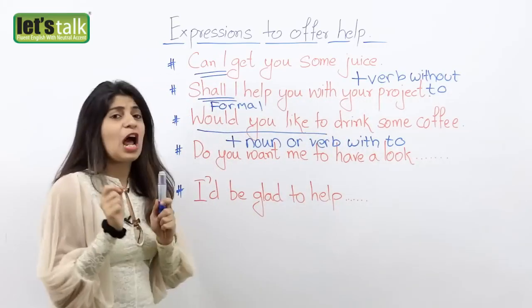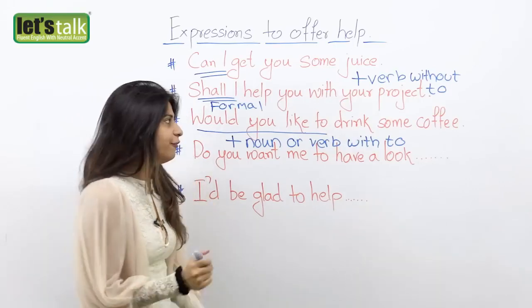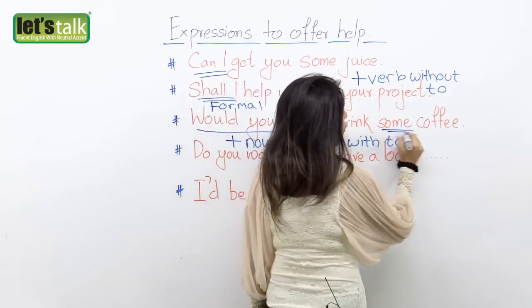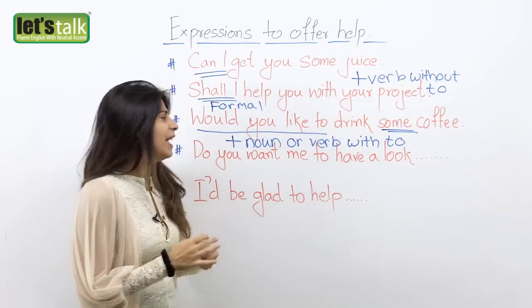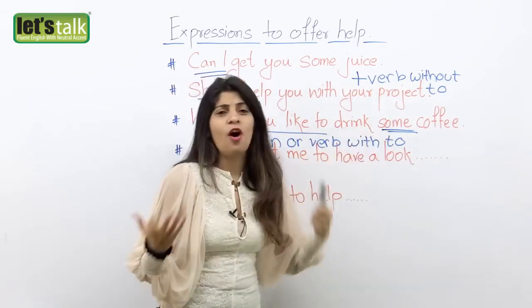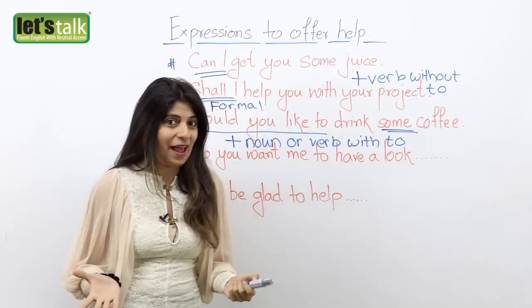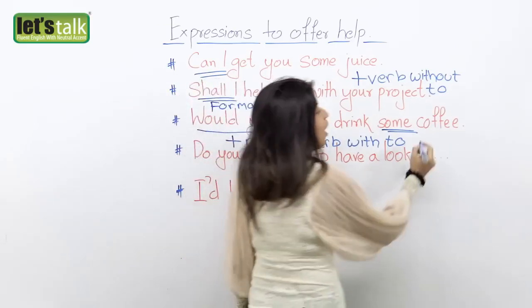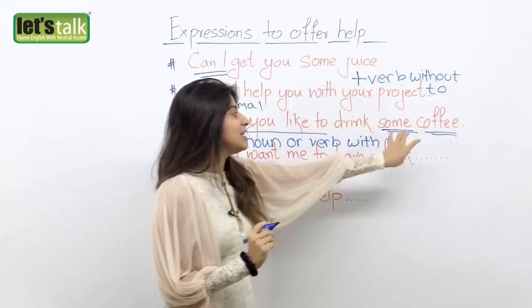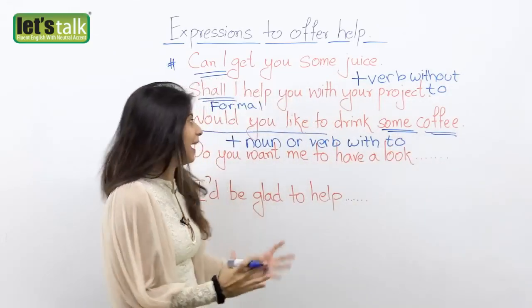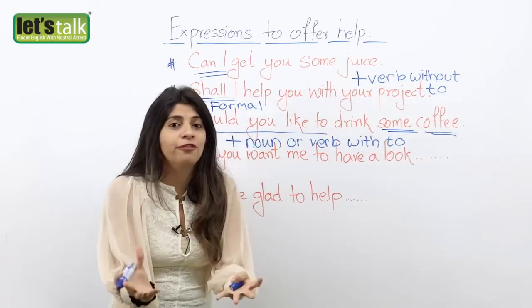Now another thing that I really want you to make a note of is the word some here. I have observed many people end up saying, would you like to drink a coffee? Well, that's incorrect because coffee is an uncountable noun and you cannot say, would you like to drink a coffee?